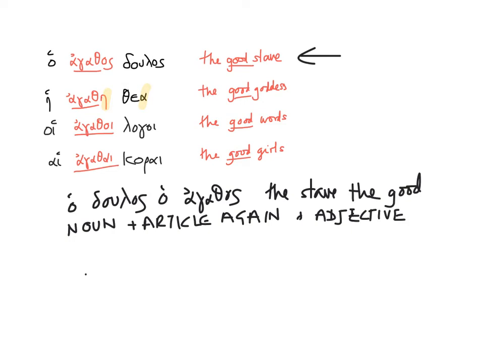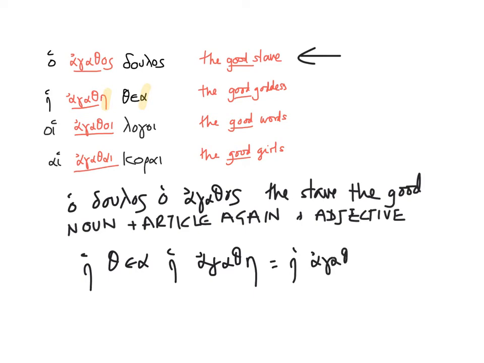So, for example, he thea, he agathe is an alternative way of saying he agathe thea. And similarly for the others, hoi logoi, hoi agathoi is another way of saying hoi agathoi logoi. And the last one, hai korai, hai agathai.